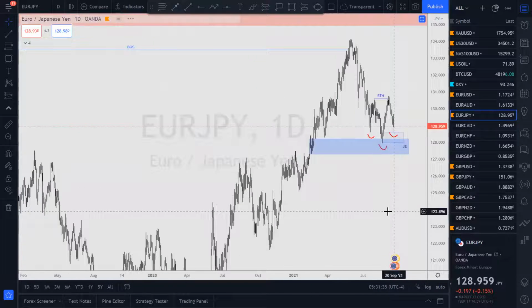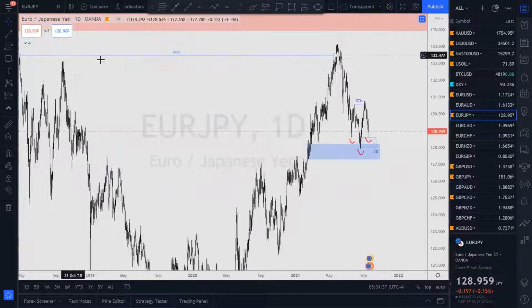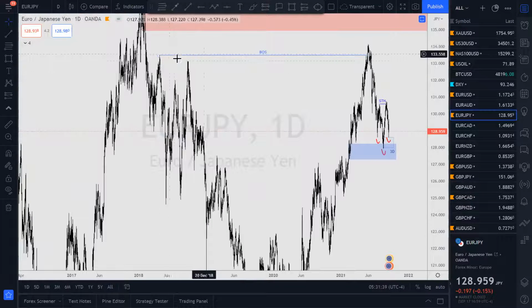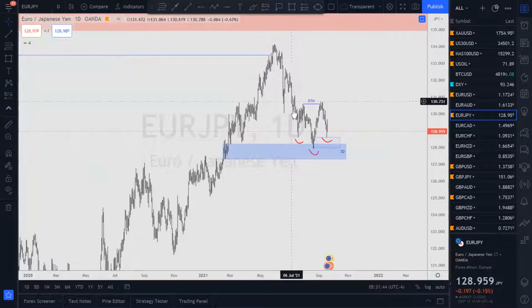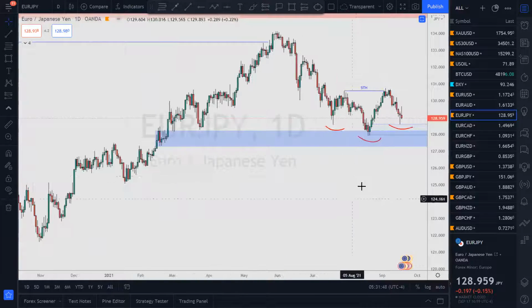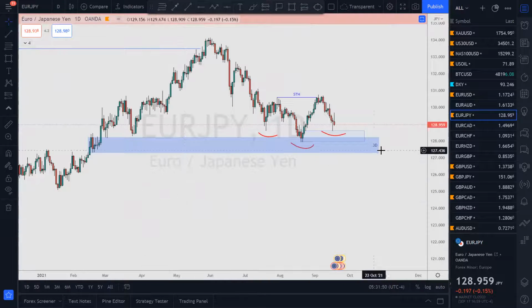Here we have a break of structure to the upside. We broke these highs, and we're expecting the price to return to the impulse. And we have a 3-day impulse right here.